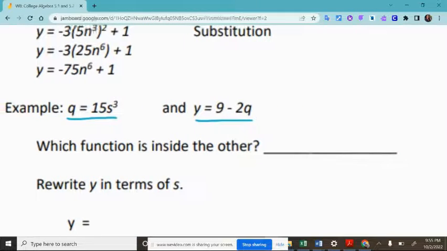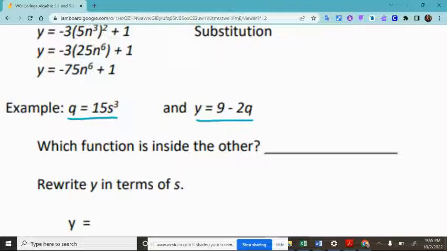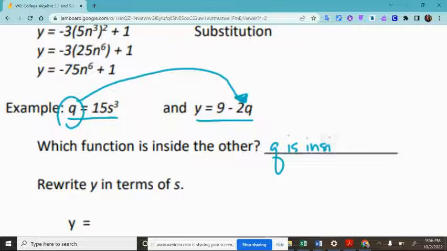So let's think about it. Which function is inside the other function? It looks like q got popped inside this y function, doesn't it? It looks like q is inside y. That's what it looks like to me.